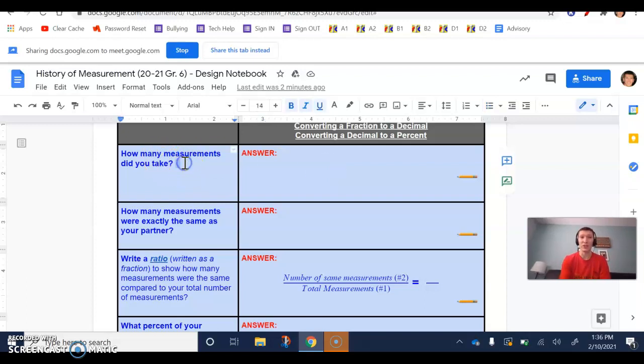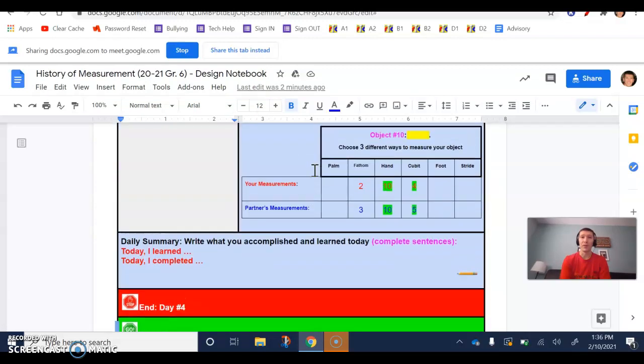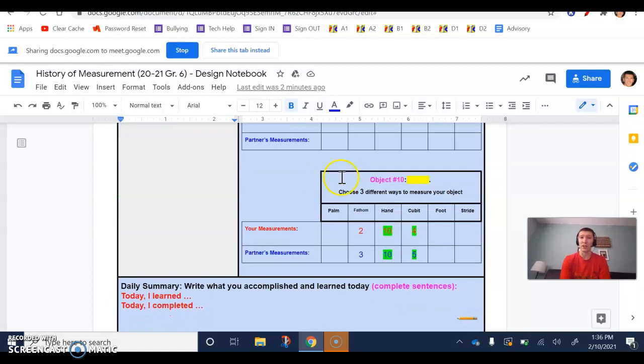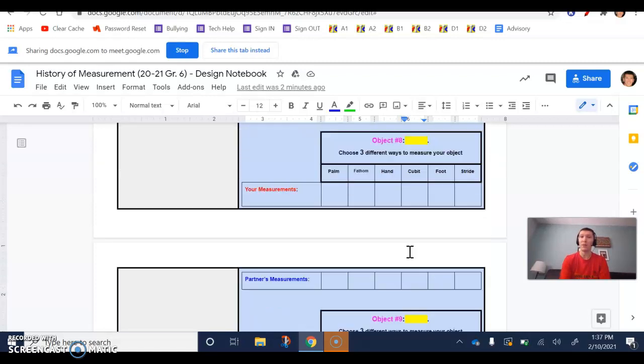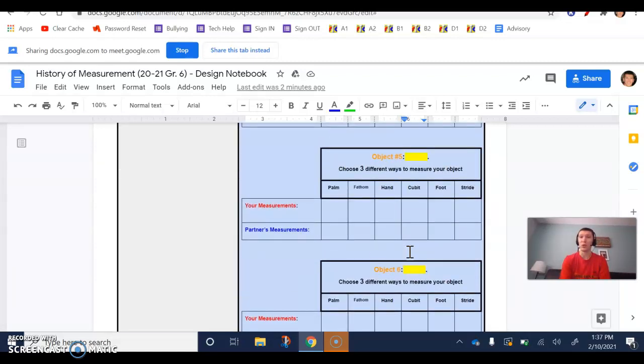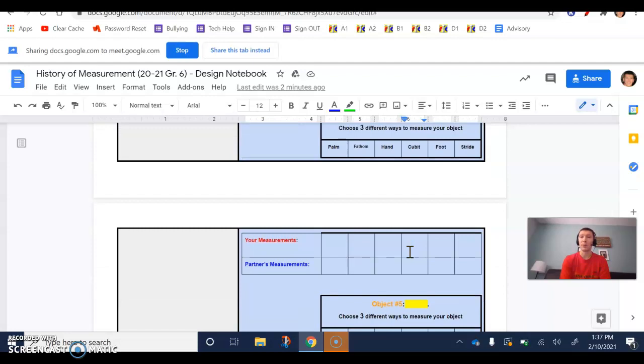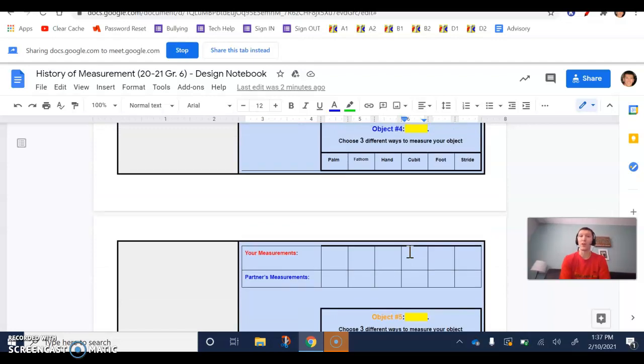How many measurements did you take? So this answer may be different for all students. If you look up above, from day number 4, you had this chart. Those of you who did all 10 objects and 3 different ways for each one, well, that would be 30 different measurements. Some of you, though, maybe only got up to the should do or must do part, and maybe you only did 1 or 2 different ways.